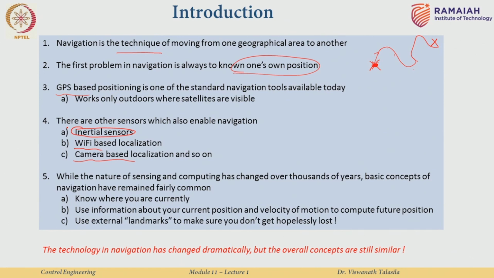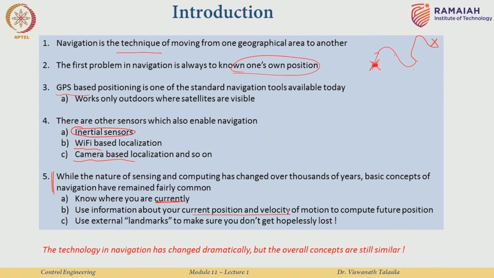So, point number 5 is really crucial. It basically says that while the nature of sensing, GPS sensors, cameras, Wi-Fi and so on, and even computing have changed over thousands of years, 3 basic concepts of navigation have always remained and are still being used in exactly the same way. The first is to know where your current position is. We already talked about that. The second is using information about your current position and velocity.